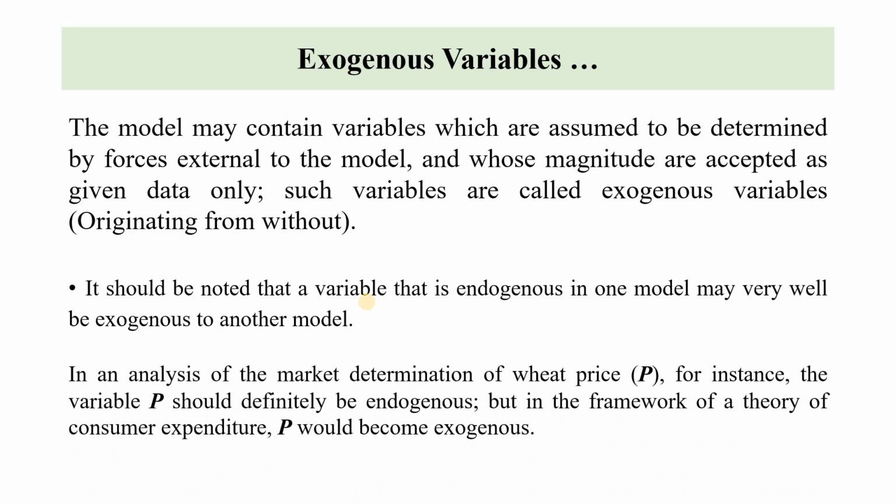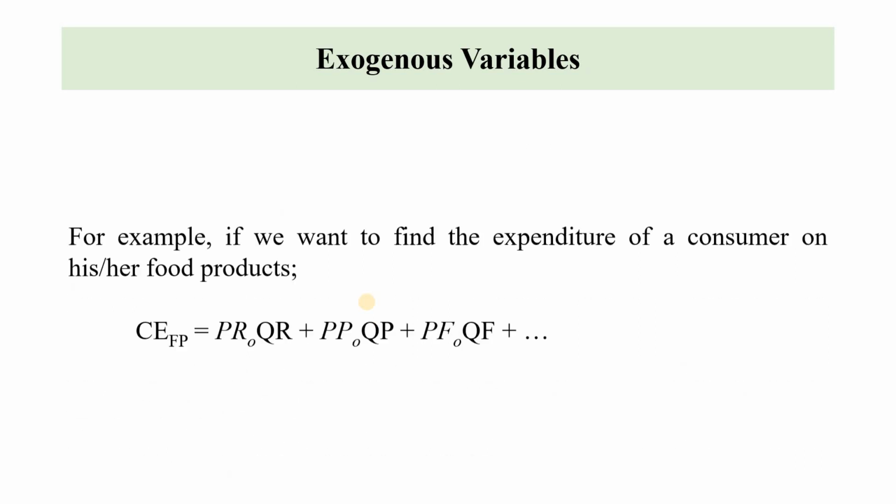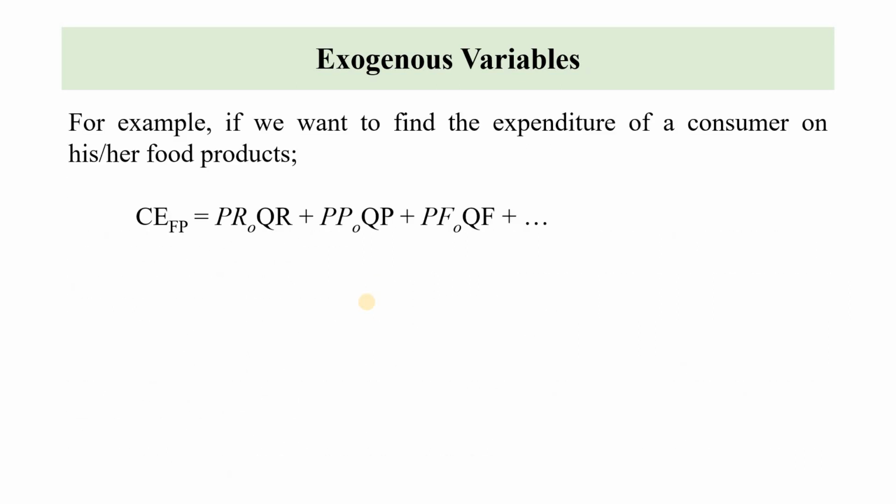For a better inspection, we can see that in an analysis of market determination of price P, for instance, the variable P should definitely be endogenous, but in the framework of a theory of consumer expenditure, P would become exogenous. Let's see how this works.